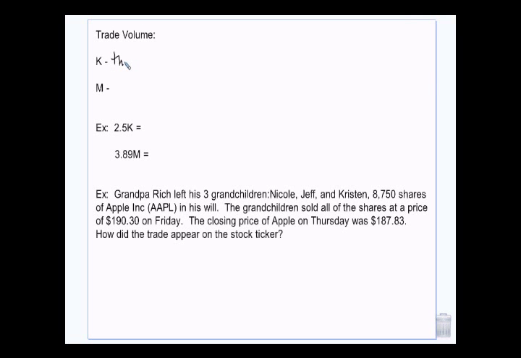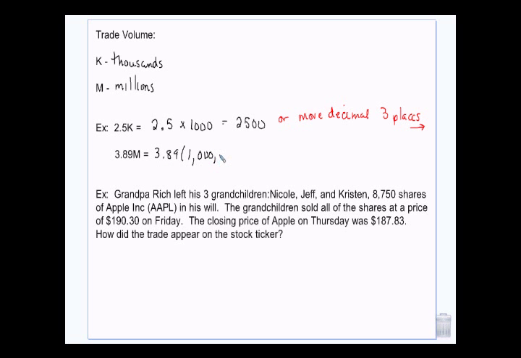You know that K is for thousands and M is for millions. So to find 2.5K, I take that 2.5 and I multiply it by 1,000. Or I move the decimal 3 places. And if I have 3.89 million, I take 3.89 and I multiply it by 1 million.